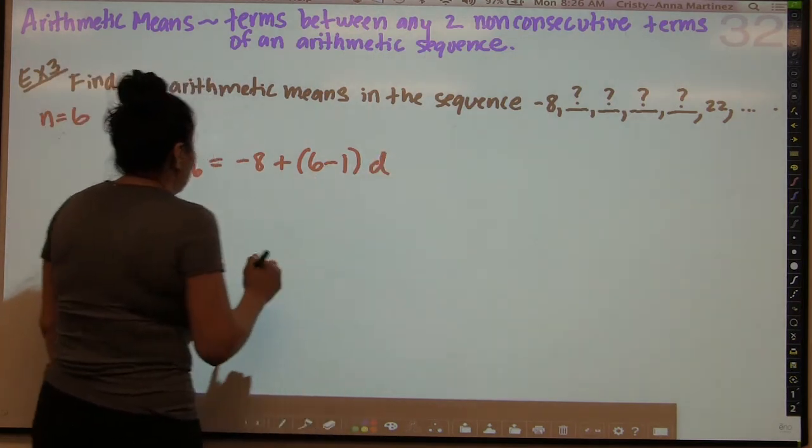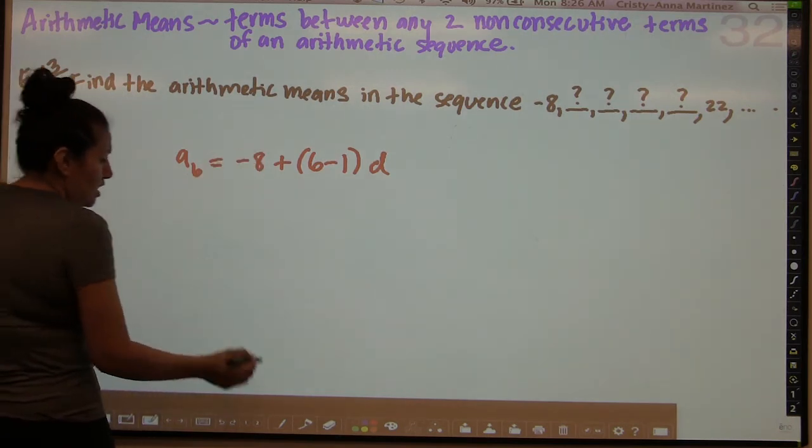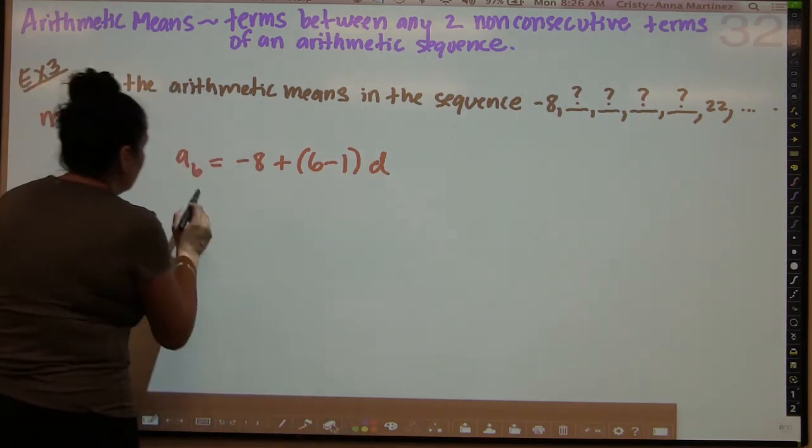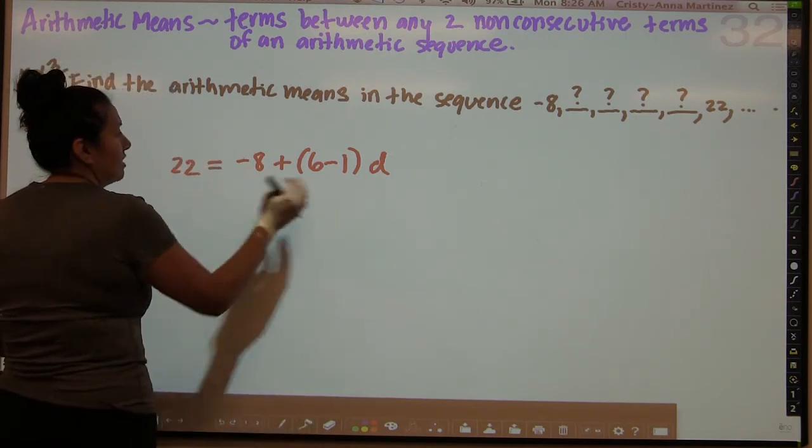We don't know what d is, and a sub 6 we know is 22 because the value of the 6th term is 22, so we're going to replace that with 22, and then we're going to solve for d.